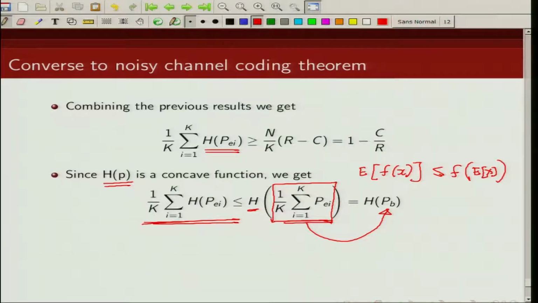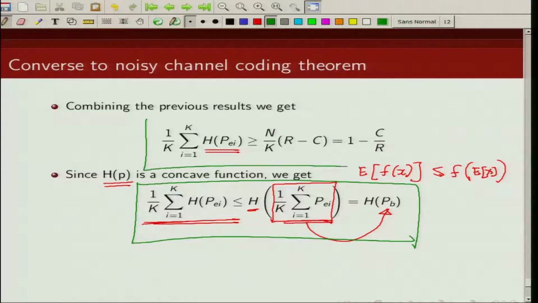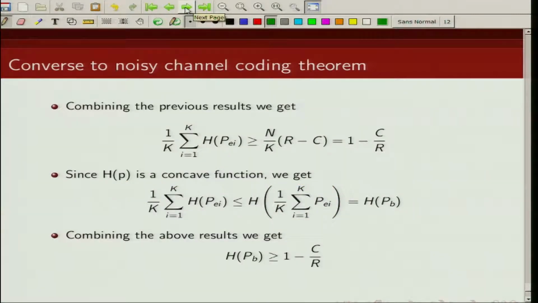By combining this result with this result, we have shown that the binary entropy function of this probability of error is lower bounded by 1 minus C by R, and remember R is greater than C here.